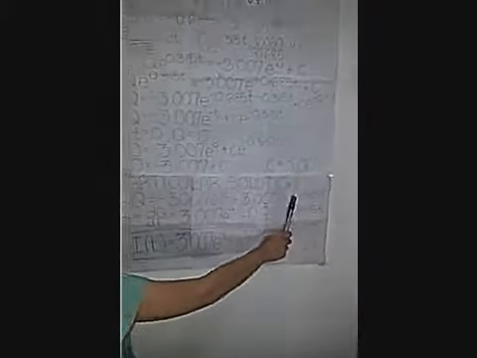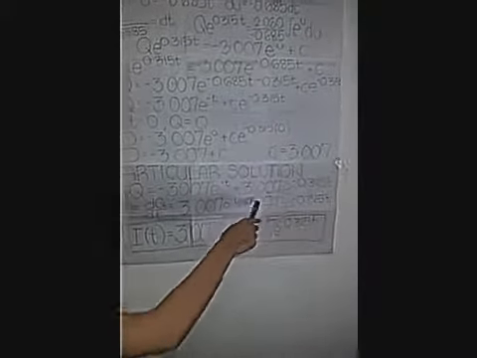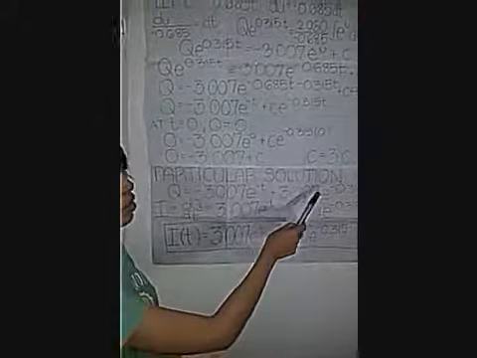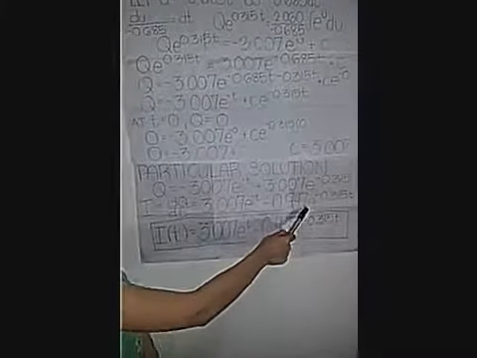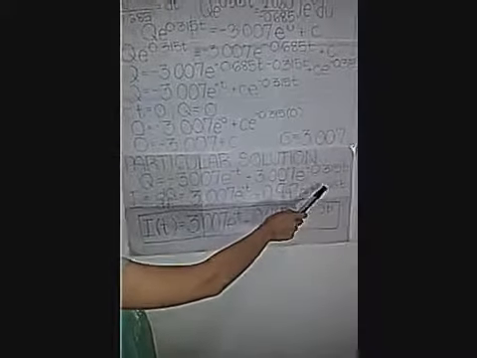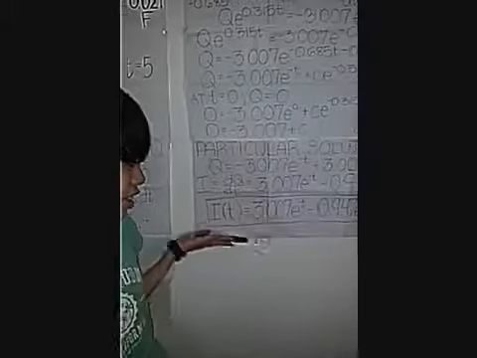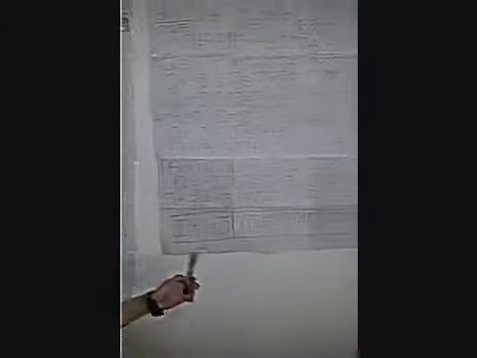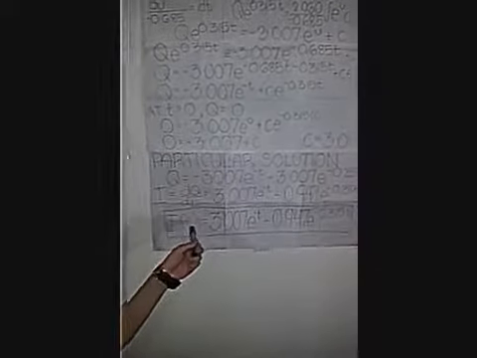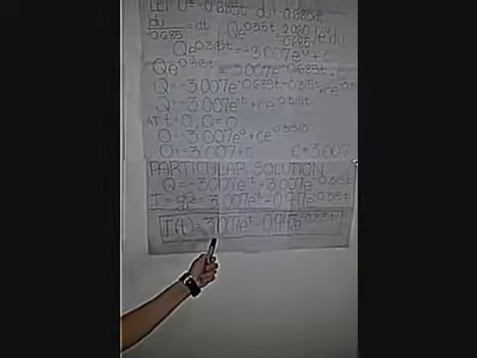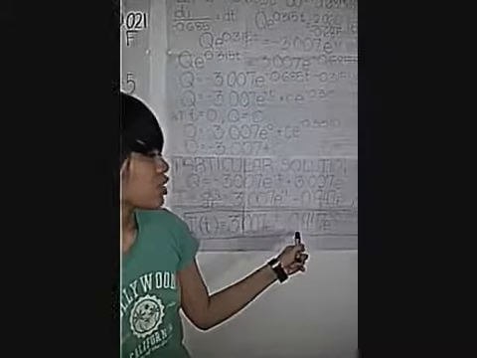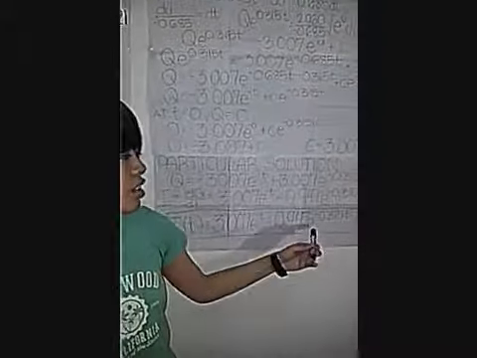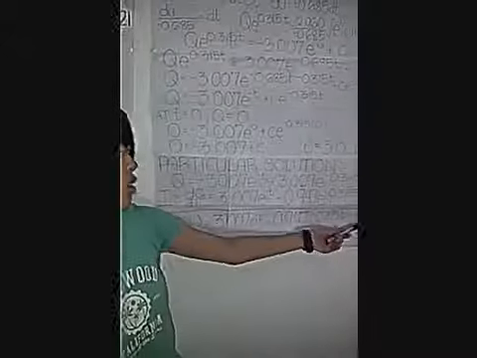And the negative 0.315 times 3.007 is negative 0.947 times e to the negative 0.315t, resulting to the final answer. The function of current with respect to t is equal to 3.007 e to the negative t minus 0.947 e to the negative 0.315 t.